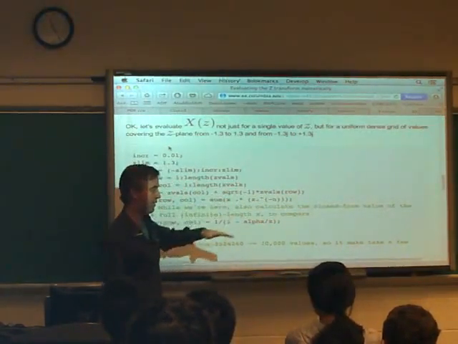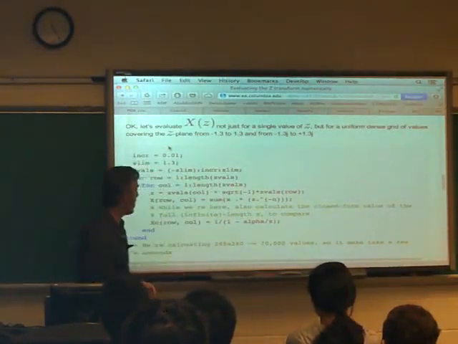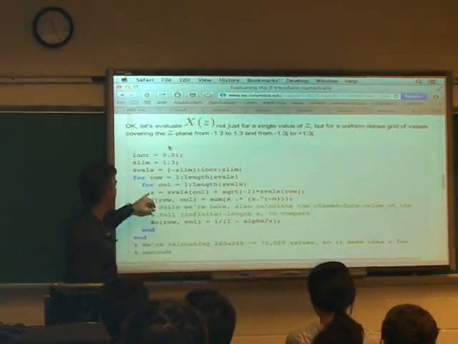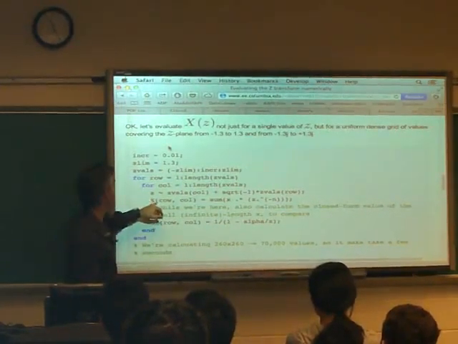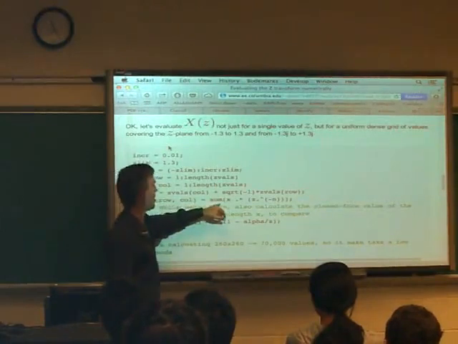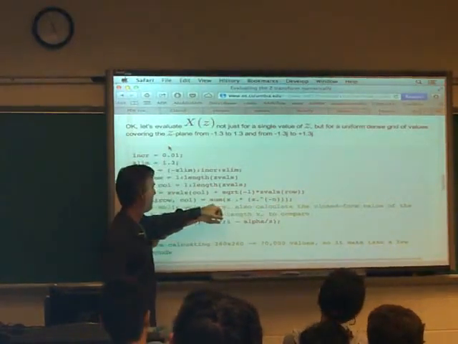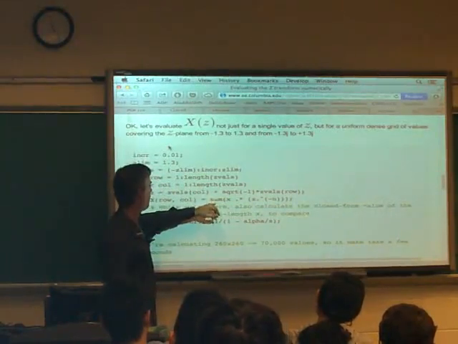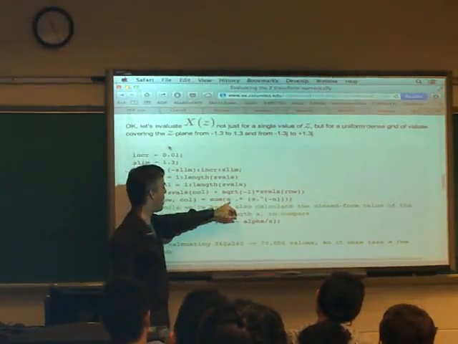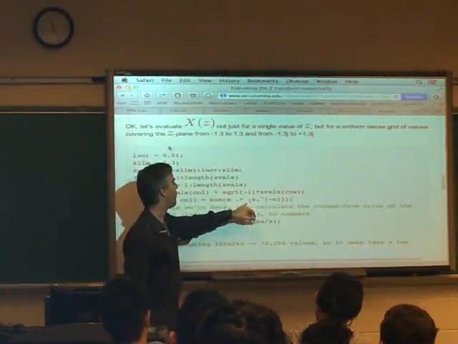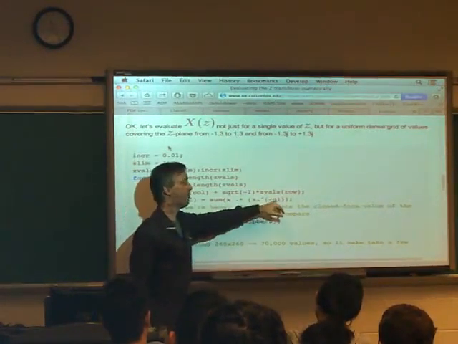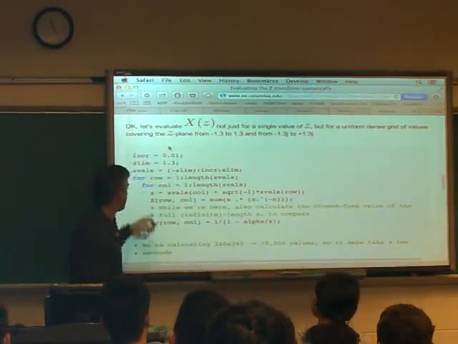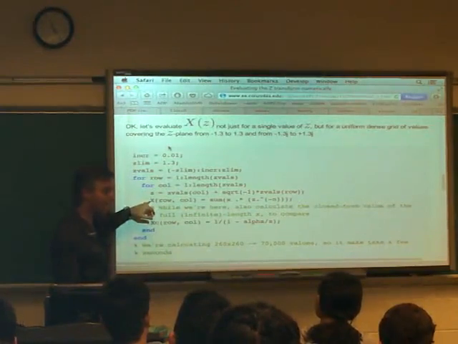So now, as I go down different rows, I'm getting different imaginary values. That's my z. And then I'm going to store in big X of row, col just this thing. Again, the finite length approximation to the z transform, the sum of x pointwise multiplied by z raised to the exponents of the times. So that's literally just calculating X of z as written.